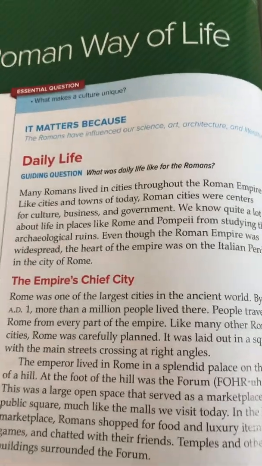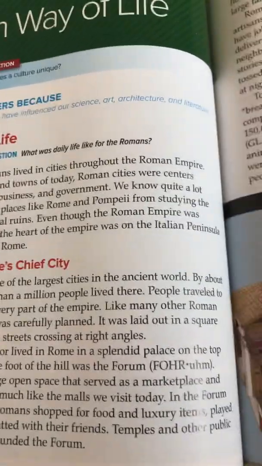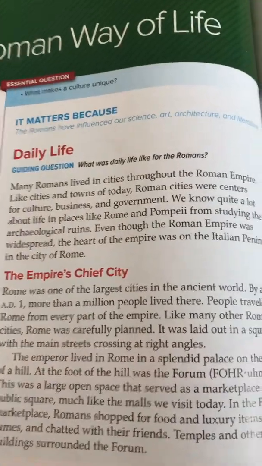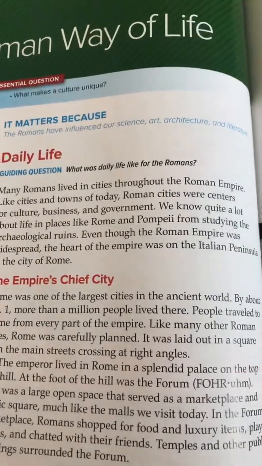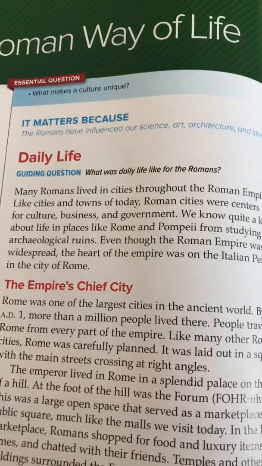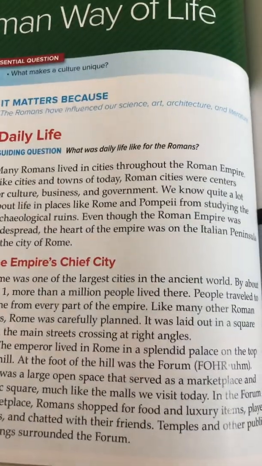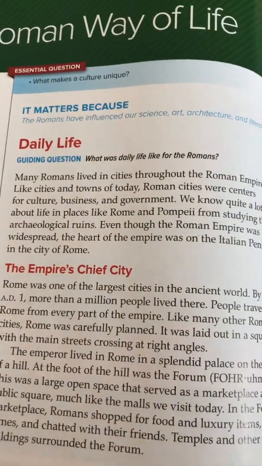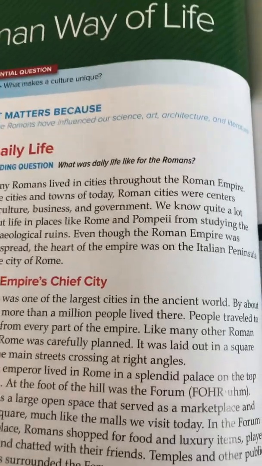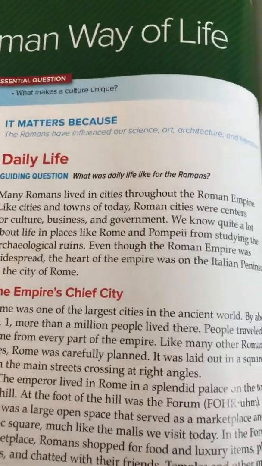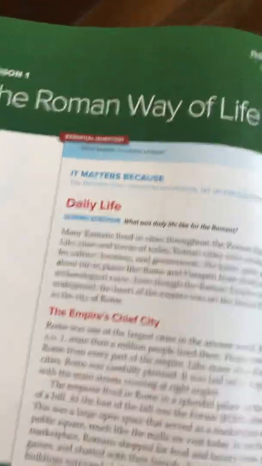Rome was one of the largest cities in the ancient world. By about AD 1, more than 1 million people lived there. People traveled to Rome from every part of the empire. Like many other Roman cities, Rome was carefully planned. It was laid out in a square with the main streets crossing at right angles.